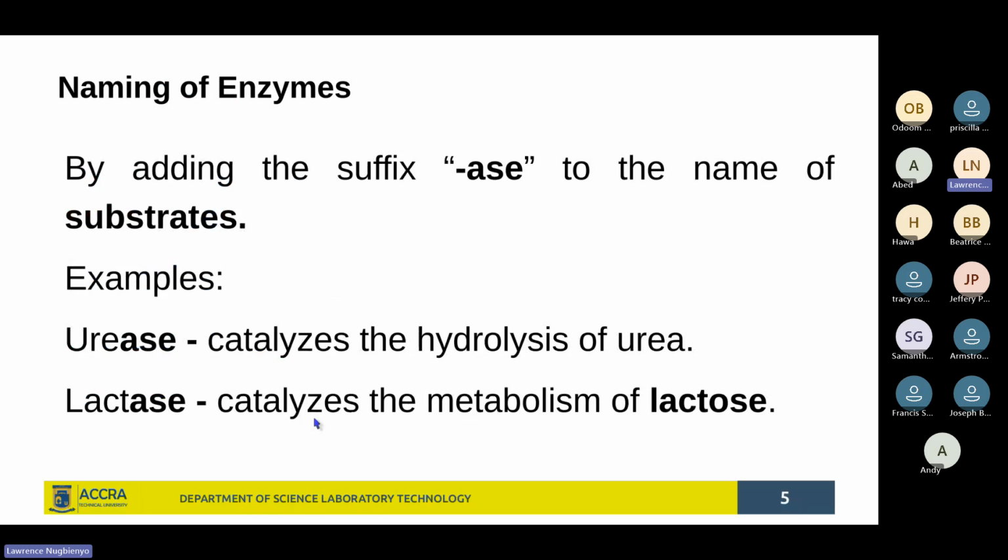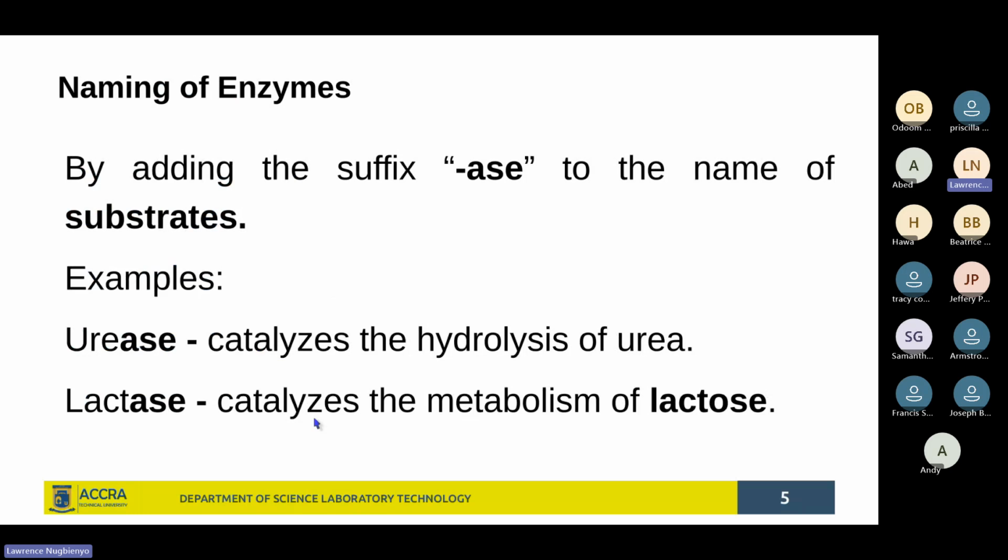We went ahead and looked at the system of naming of enzymes. And we looked at the naming based on the substrate on which the enzyme is acting, so that if the substrate is urea, you only add a suffix -ase, A-S-E, to the name of urea to be urease as the name of the enzyme.